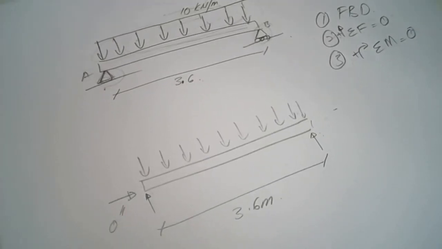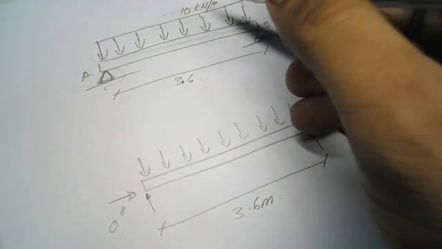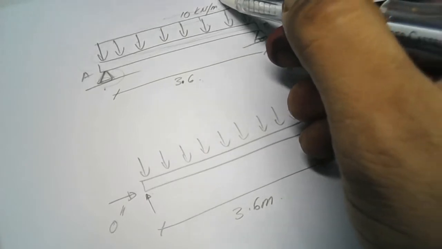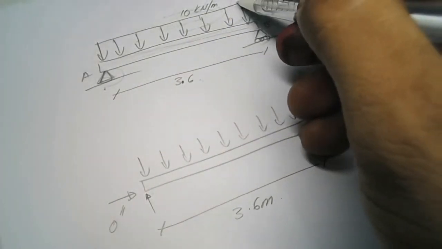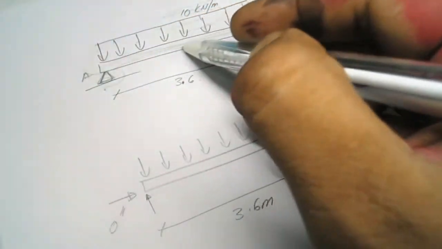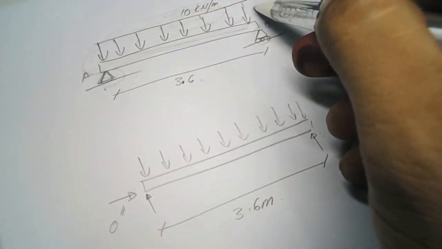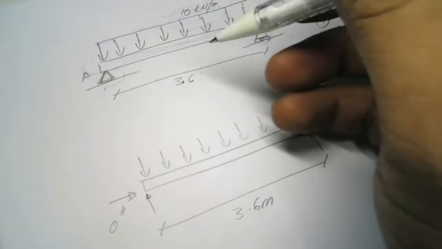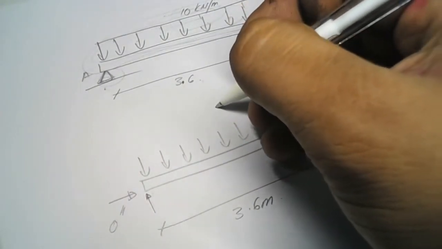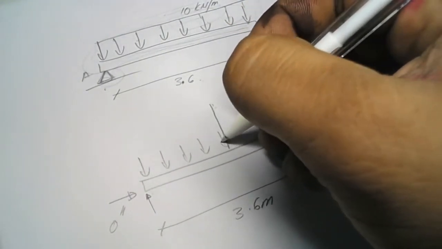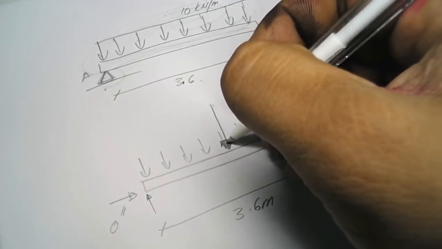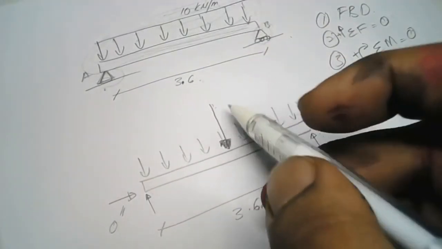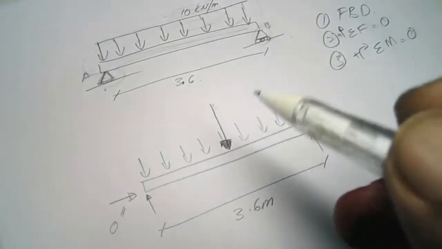We have to find the representative force. Usually, the representative force for a distributed load of rectangular shape is at the center. At the center here is the representative force for the distributed load.